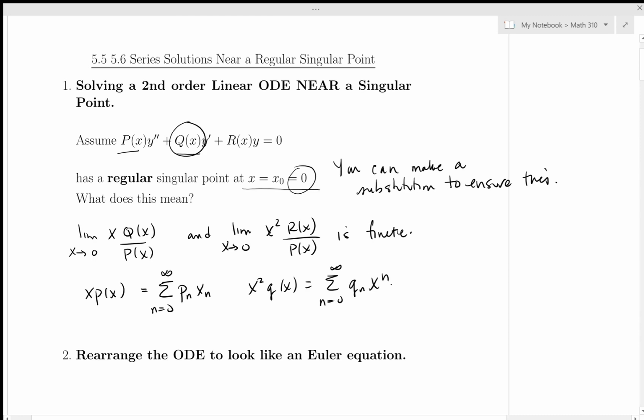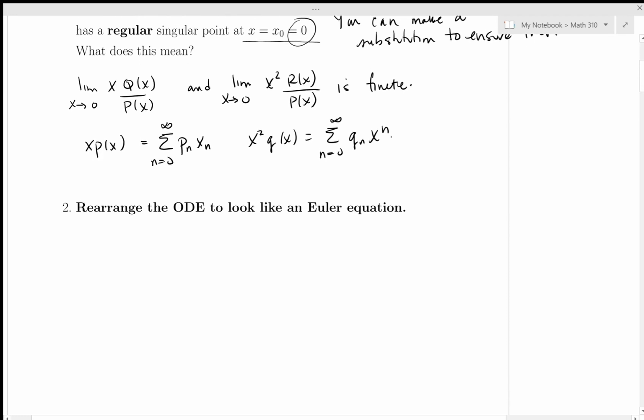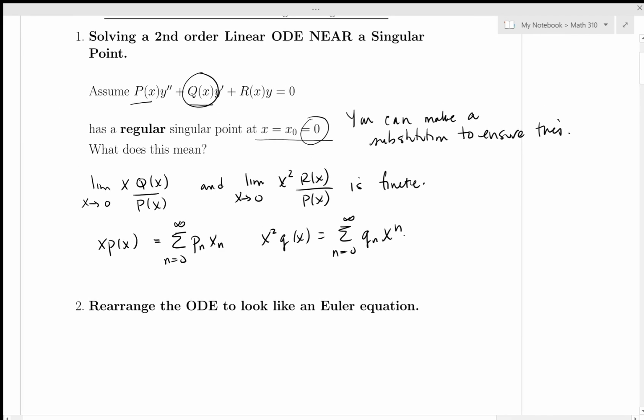Okay, so now we're going to see why the Euler equation was so important, because if we're going to try to solve any linear ordinary differential equation near a singular point, we can rearrange it to look like an Euler equation, which we already know how to solve.